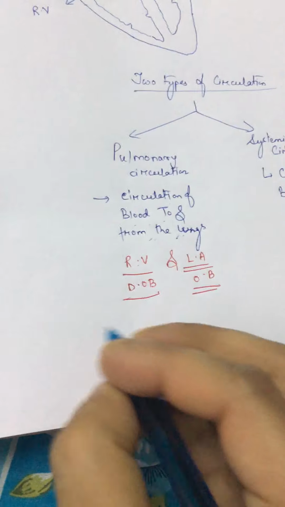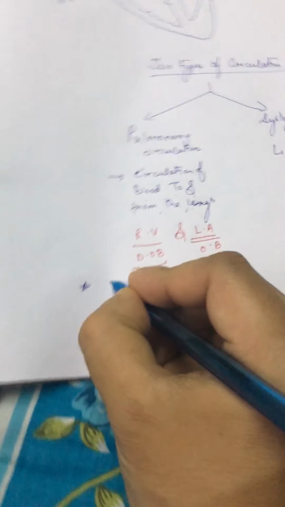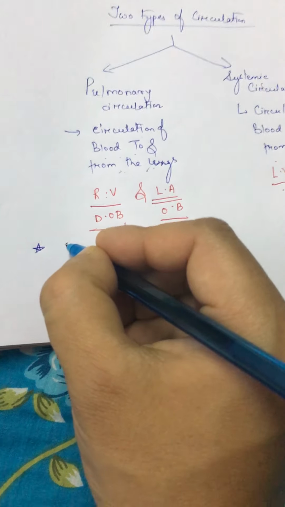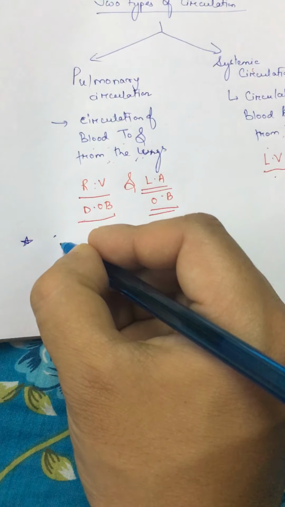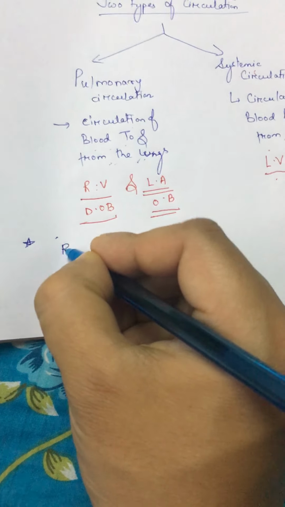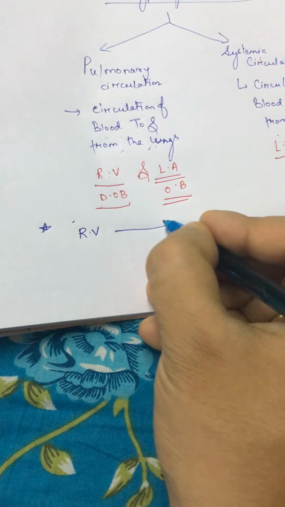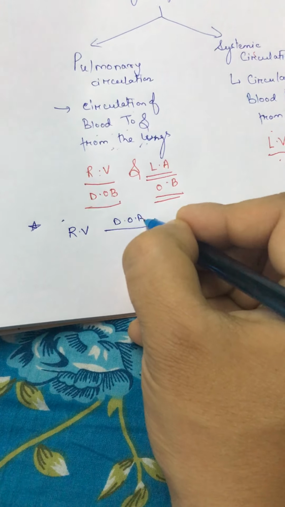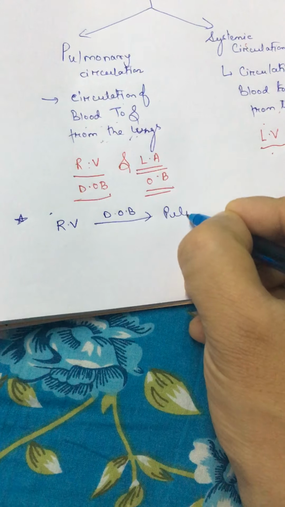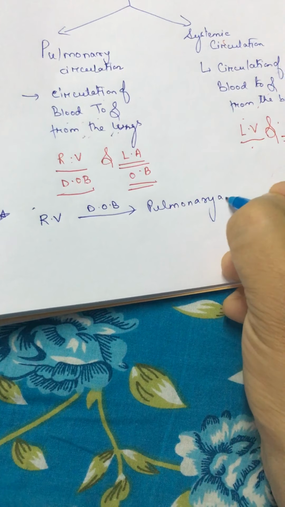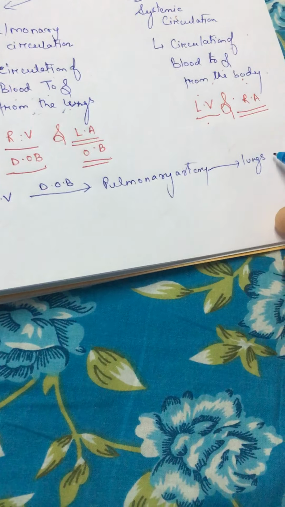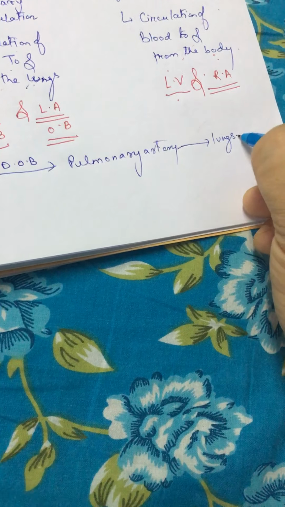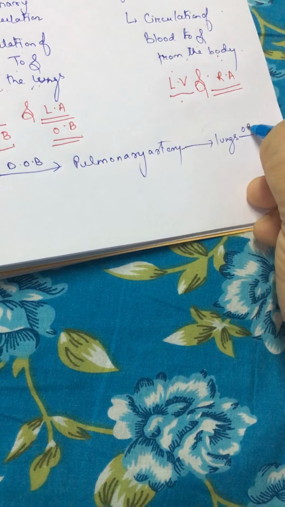So now if I draw the pathway of the systemic and the pulmonary circulation, the pathway will be somewhat like this. First of all, I'll draw the pulmonary circulation. In the pulmonary circulation, the right ventricle, RV, will be pumping DOB blood, and this DOB blood will be brought by the pulmonary artery to the lungs.